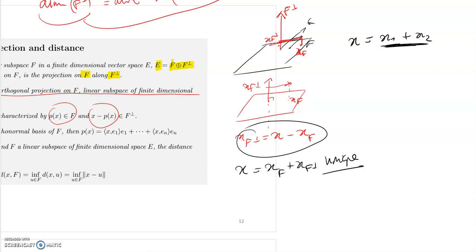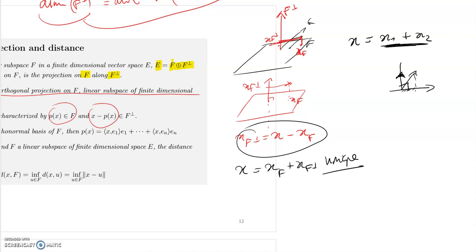Okay, so you remember, it's like when we are building some vectors out of non-orthogonal vectors using the Gram-Schmidt. In order to build the orthogonal vector, we consider the vector we have and we subtract its component along that direction. Okay, so it's more or less the same kind of idea.